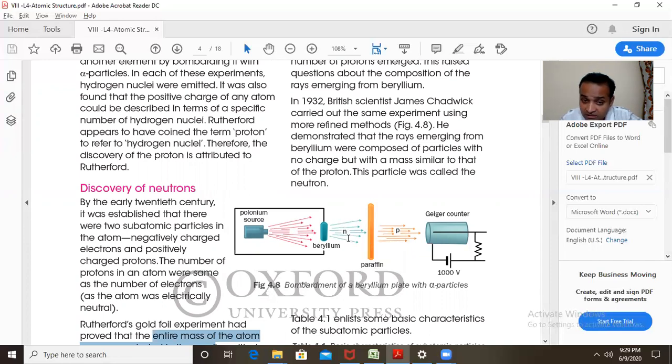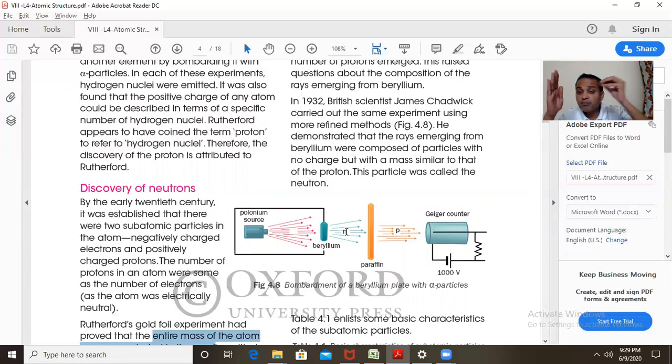Can you see the blue rays denoted by N? When these blue rays are bombarded on paraffin, this paraffin gives out protons. See how powerful these blue rays are.